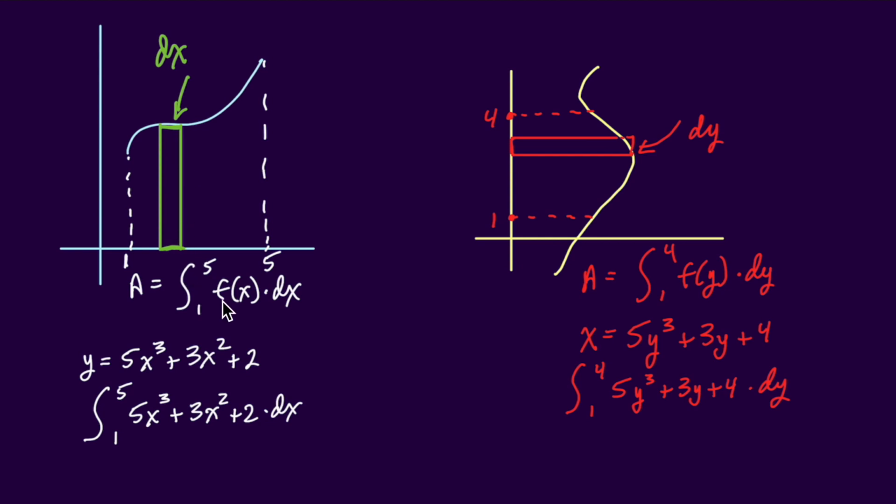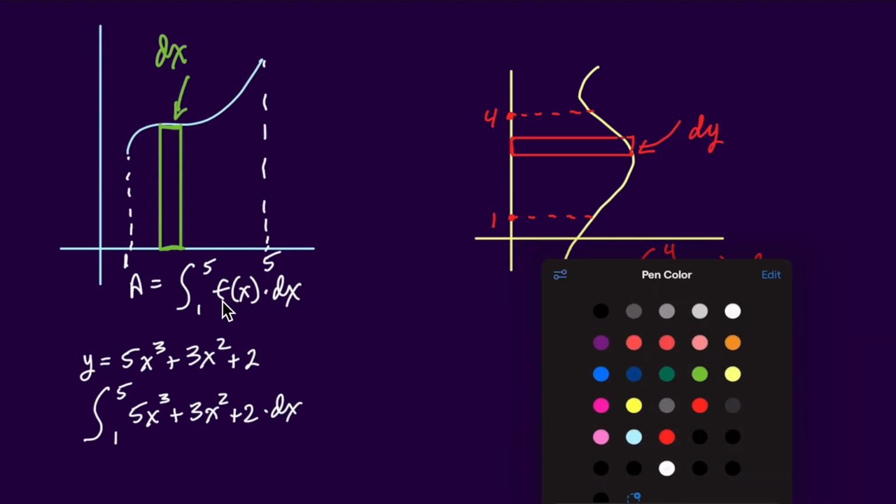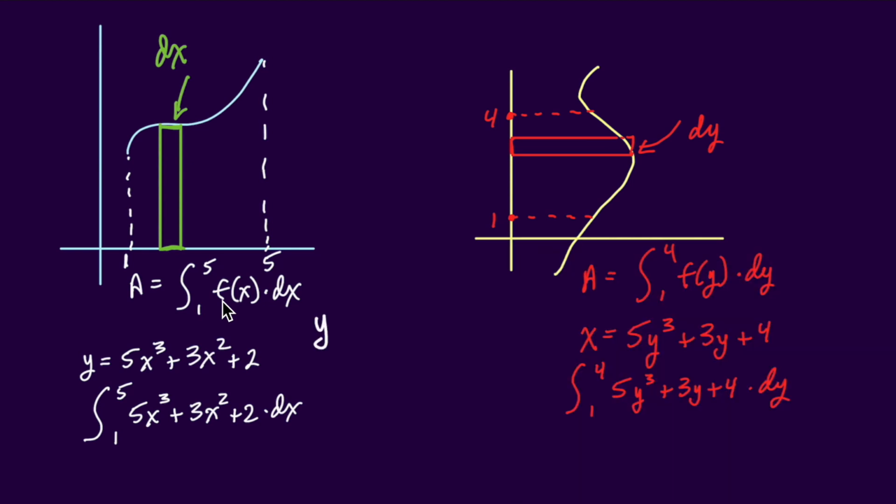When you're in this scenario, we have the expression y equals f of x. This is what we're used to seeing. We solve for y, and when we do our integral, you see that the variable within the integral, namely the x, matches the dx.